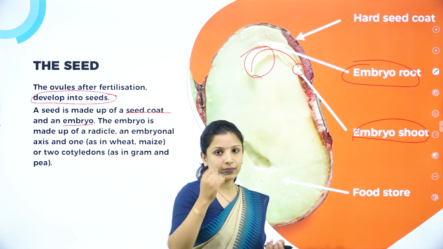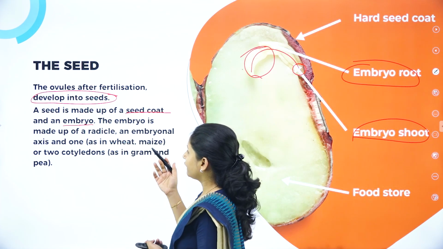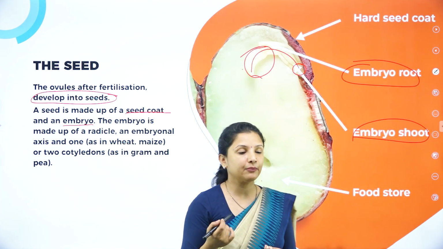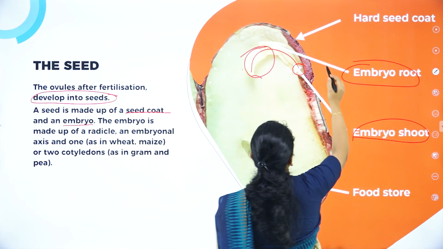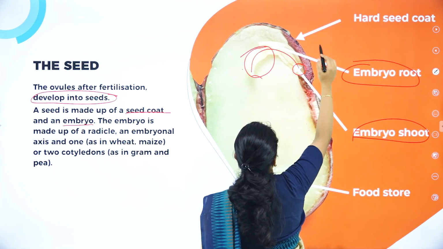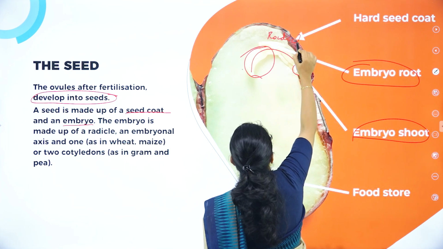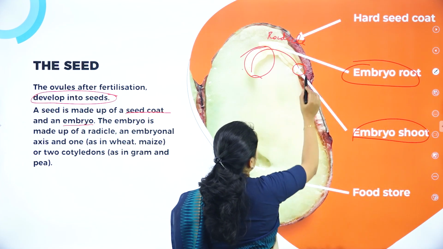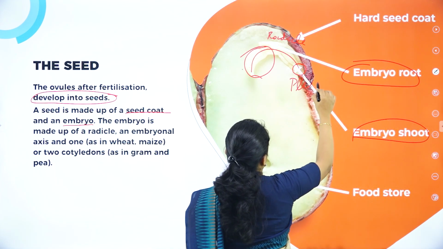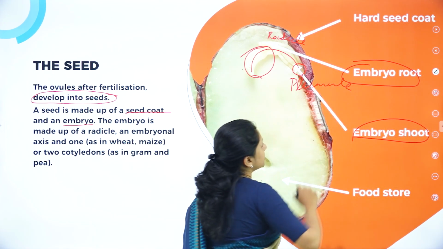So the embryonal axis is made up of a radicle. This lower part is the radicle. The radicle develops into the root, and this part is called the plumule, which develops into the shoot.